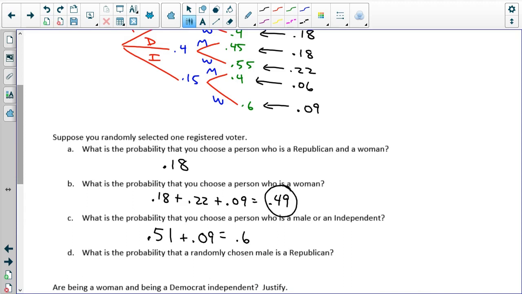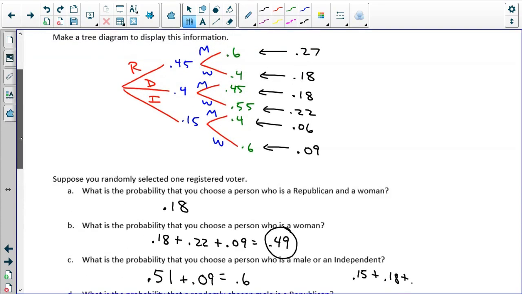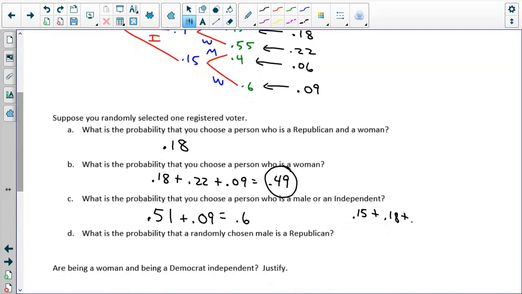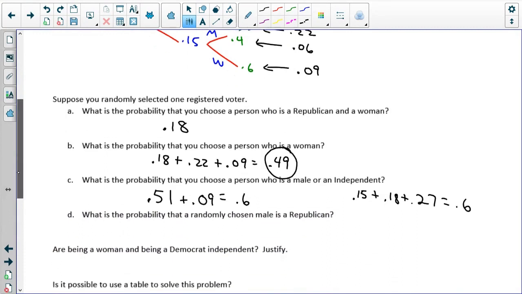I likewise could have just calculated the number of independents, which is 0.15, and then add together all the males that aren't independent. So that would be 0.18 plus 0.27. If I add those together, I also get 0.6. So there are several different ways I could have calculated that.